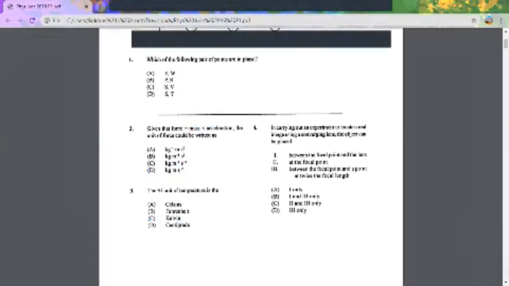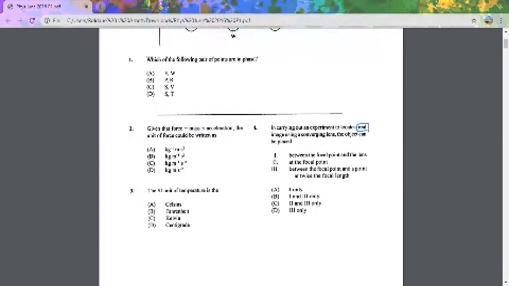Number 4. In carrying out an experiment to locate a real image using a converging lens, the object can be placed at between the focal point and lens? No. At the focal point? No. Between the focal point and the point at twice the focal length?